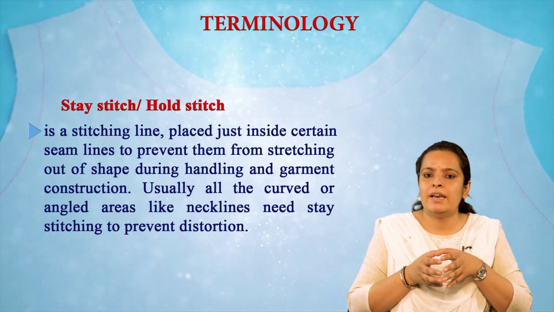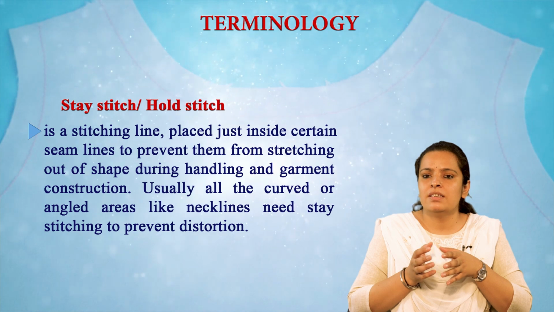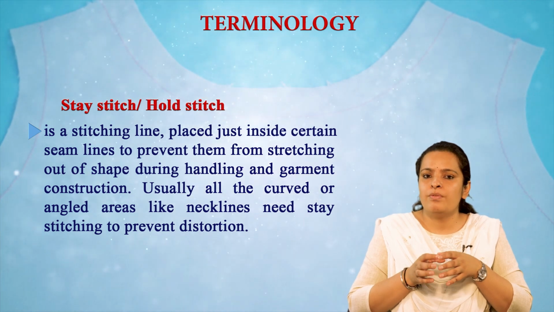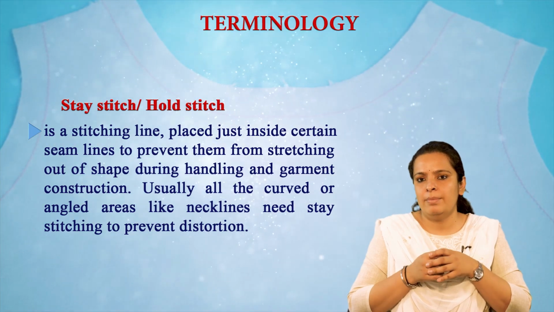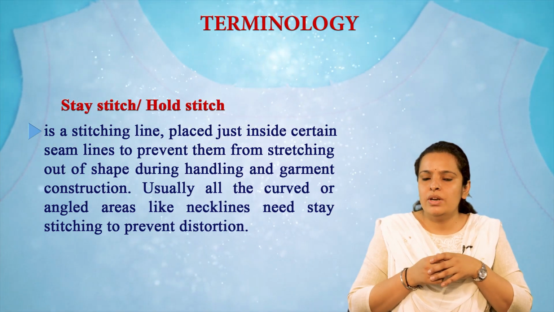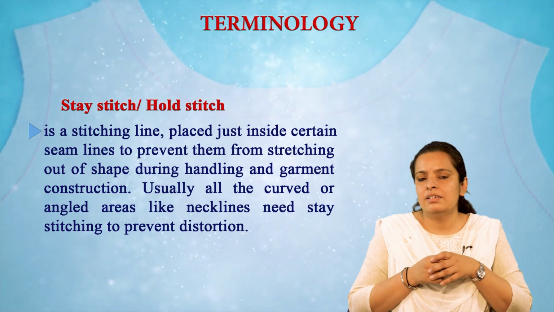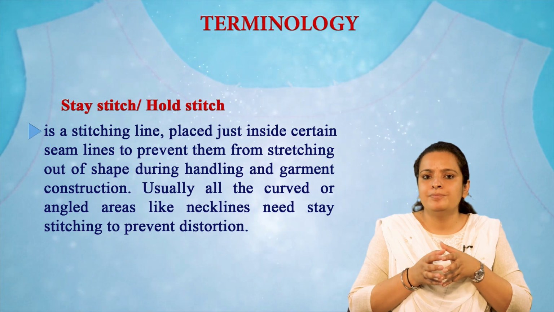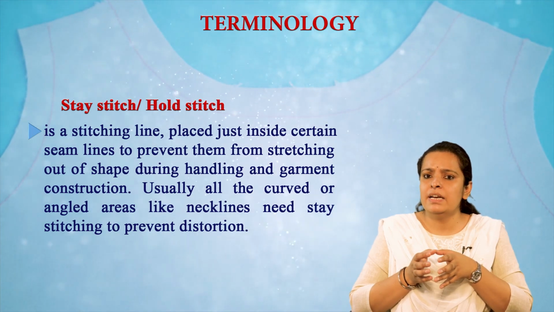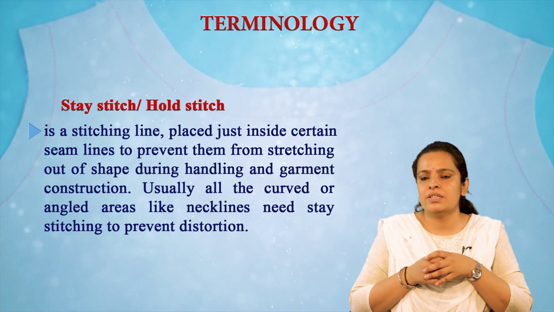So the stitching line is placed just inside the certain seam line to prevent them from stretching out the shape during handling and garment construction. And usually all the curves and angled areas, like the armhole or the neckline, need stay stitching to prevent distortion.